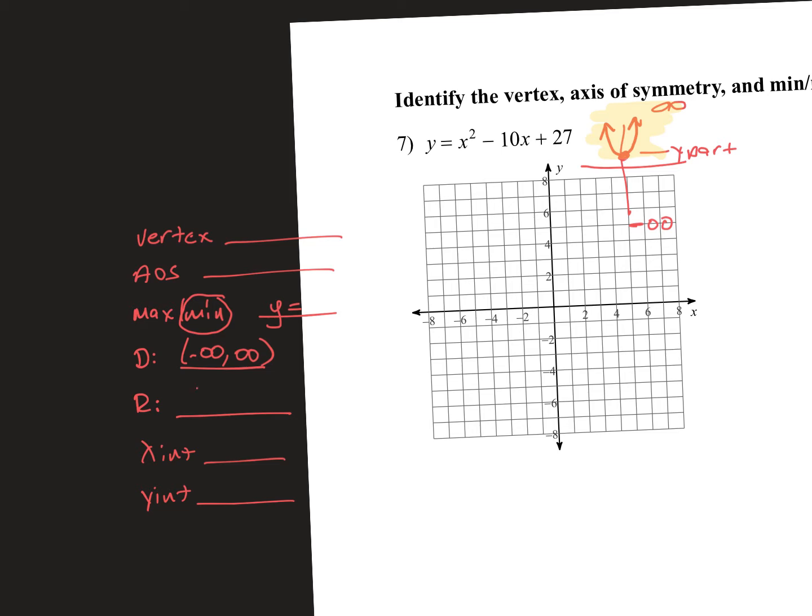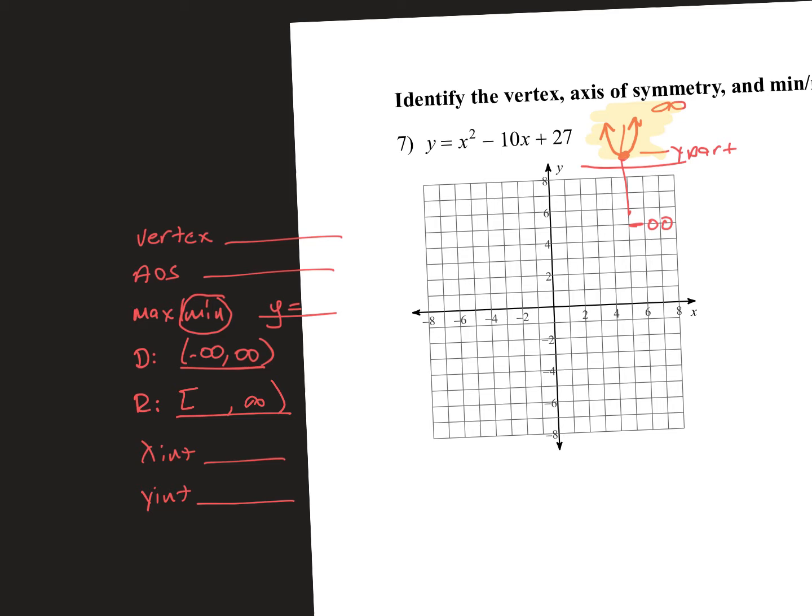From the y part of our vertex to infinity. All right, now when I say a bracket, why am I putting a bracket there? Because that value is included. Yep, that value is included.